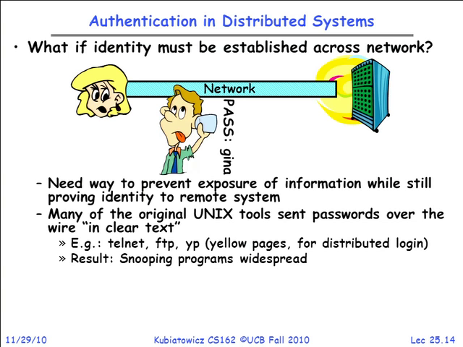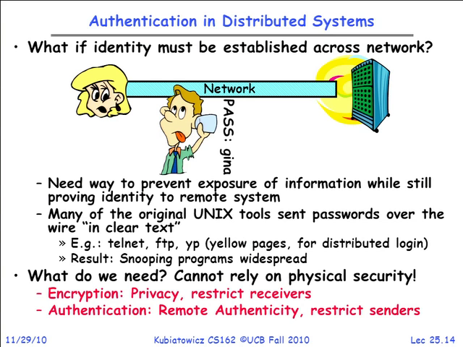So what do we actually need? It turns out we need 2 things. One, we need privacy enforcement so that people can't view what's on the net, and that's usually encryption. It allows us to restrict which receivers can receive our information, because in theory, only those receivers who have the right information can receive.